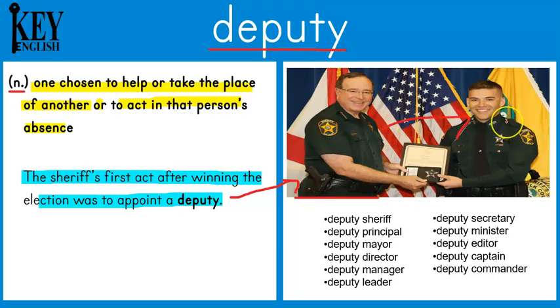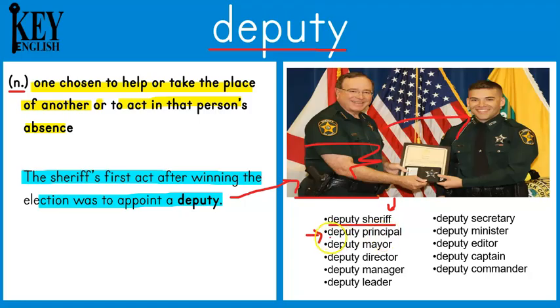So a person who would work underneath him and help whenever he was too busy to do his work. As I mentioned, you might most often hear this word with police settings, so something like a sheriff or other government jobs. So another example would be the deputy principal spoke at the assembly while the principal was away.